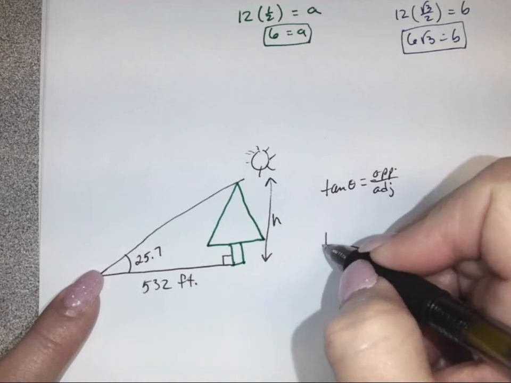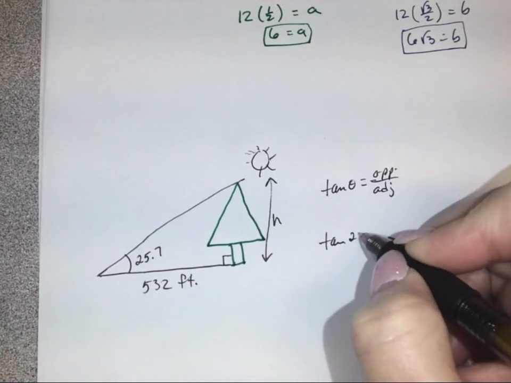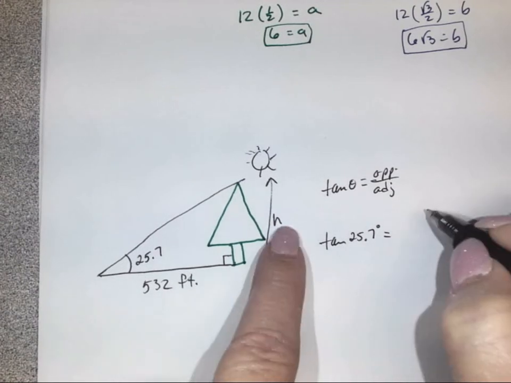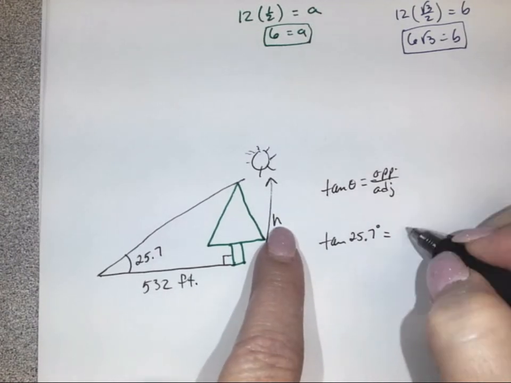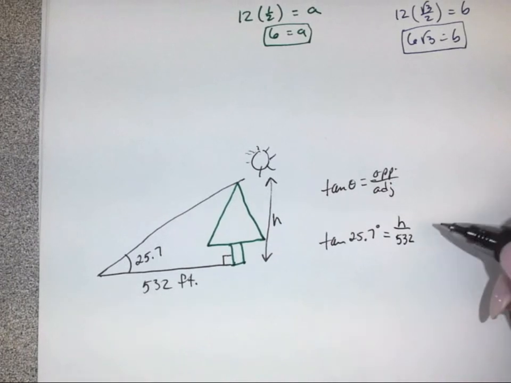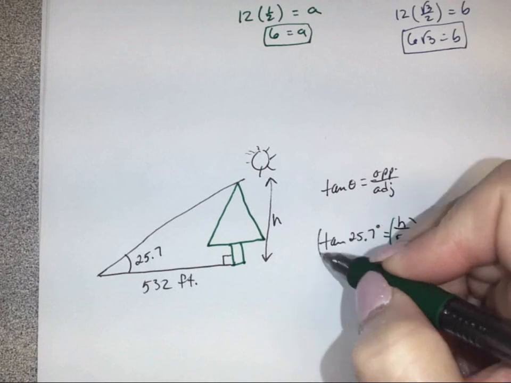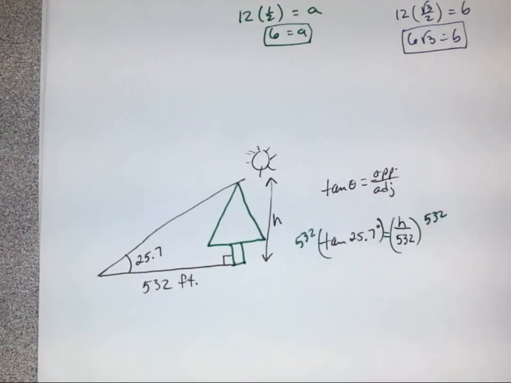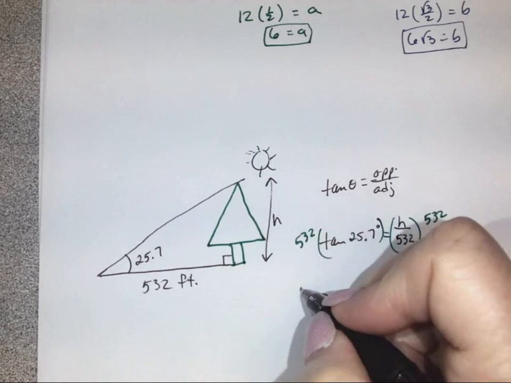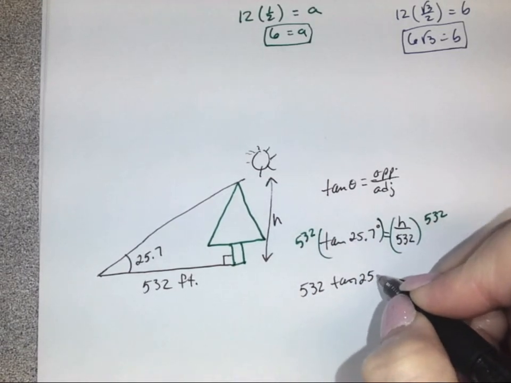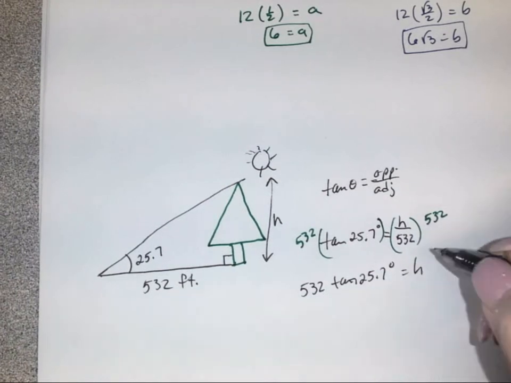So I can find the tangent of 25.7 degrees would be equal to the height, which is our h, divided by 532. So now I can multiply both sides by the 532. So that gets us 532 times the tangent of 25.7 degrees would be equal to our h.